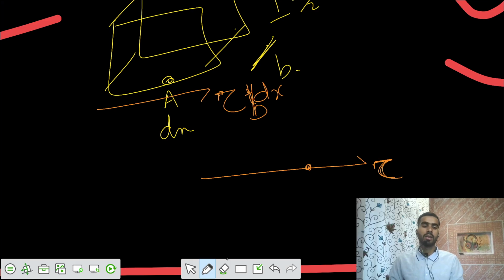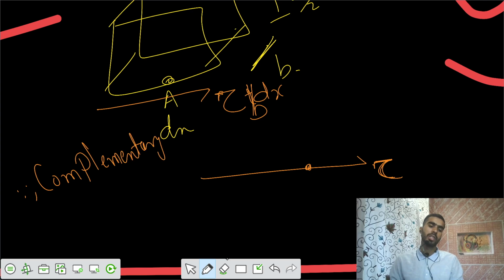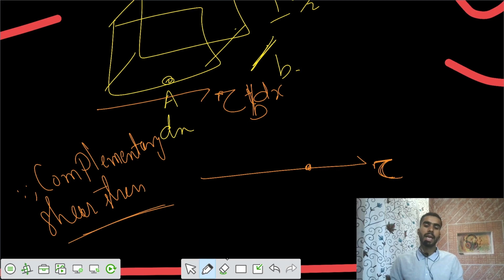From the first chapter, we know one concept of shear stresses, that is complementary shear stresses. If you have some point A, and on that point there is a shear stress acting on one plane, then perpendicular to that plane there would be one more shear stress developed, with the same value of tau.